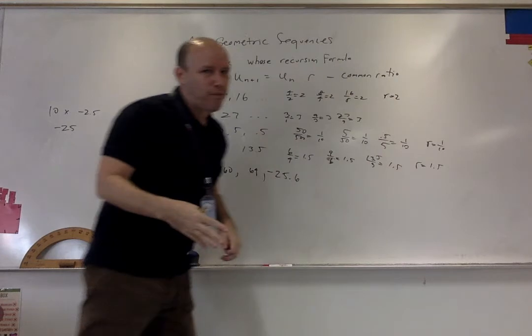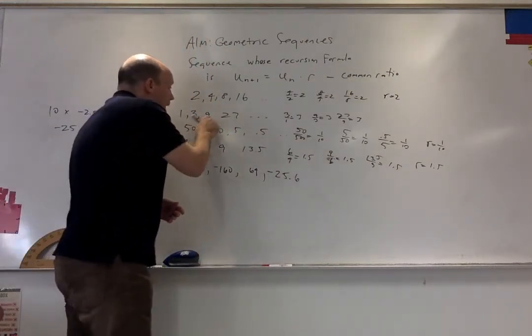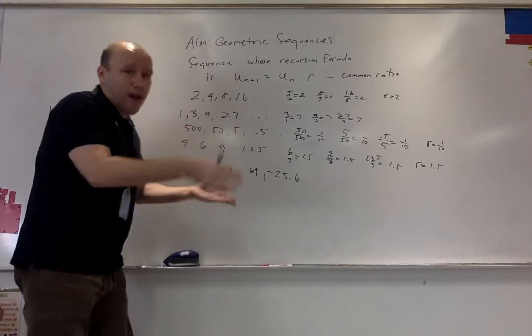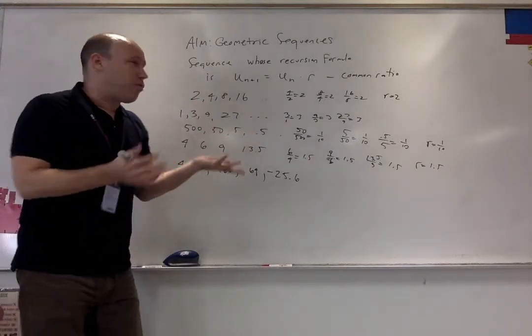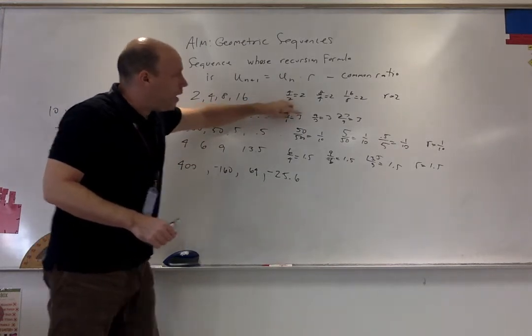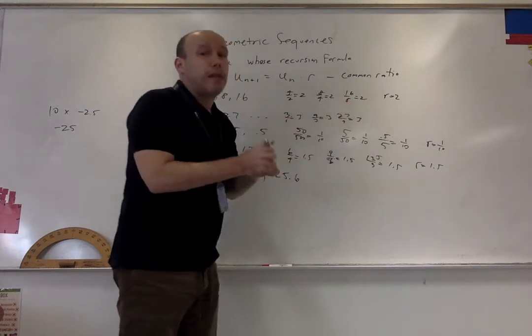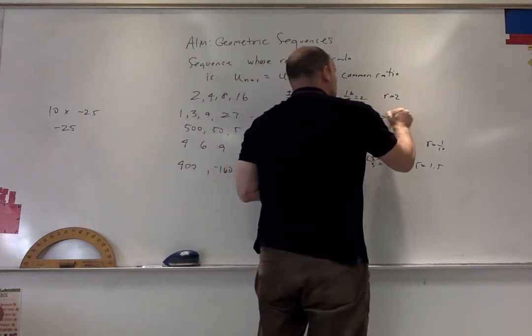Same thing, another example, 1, 3, 9, 27. You say, Mr. Adler, you're multiplying by 3. The fancy way, 3 divided by 1 is 3, 9 divided by 3 is 3, 27 divided by 9 is 3. The common ratio is 3.